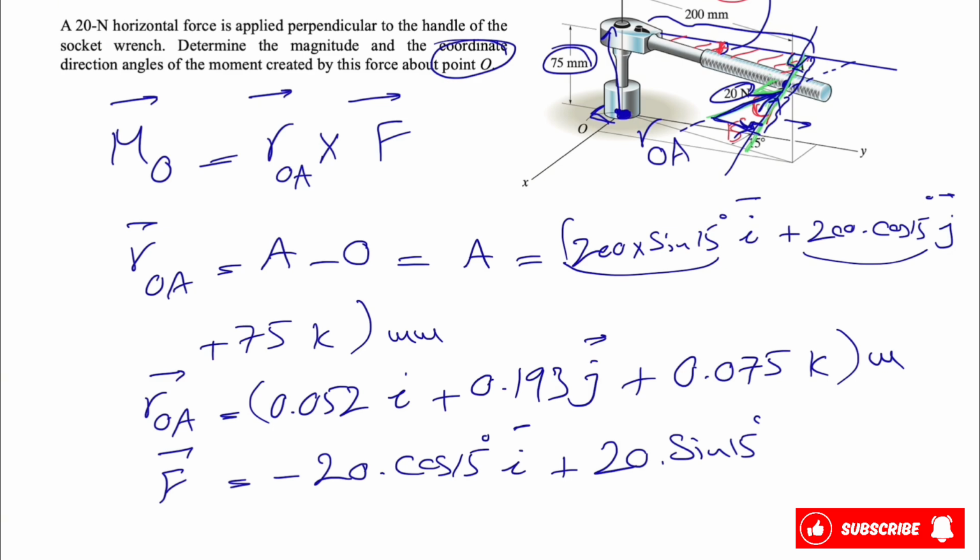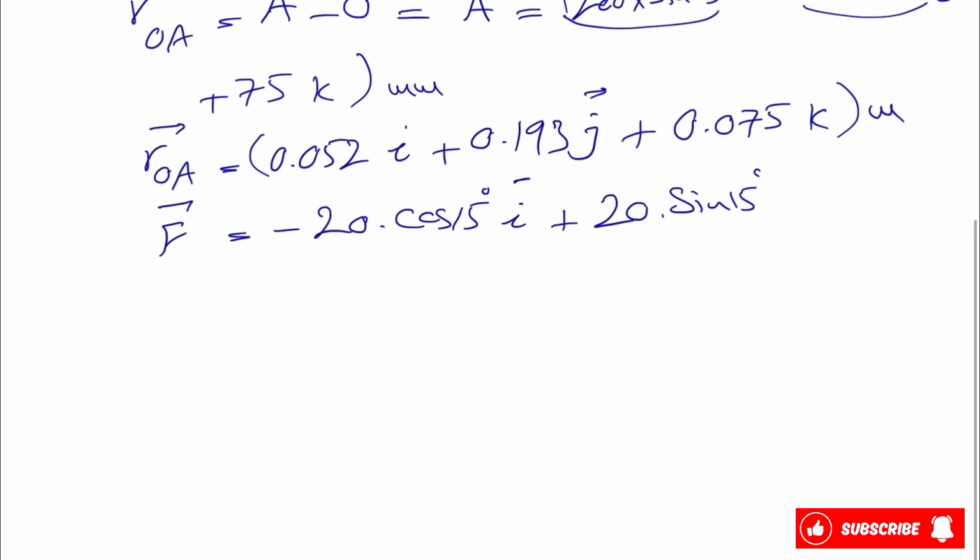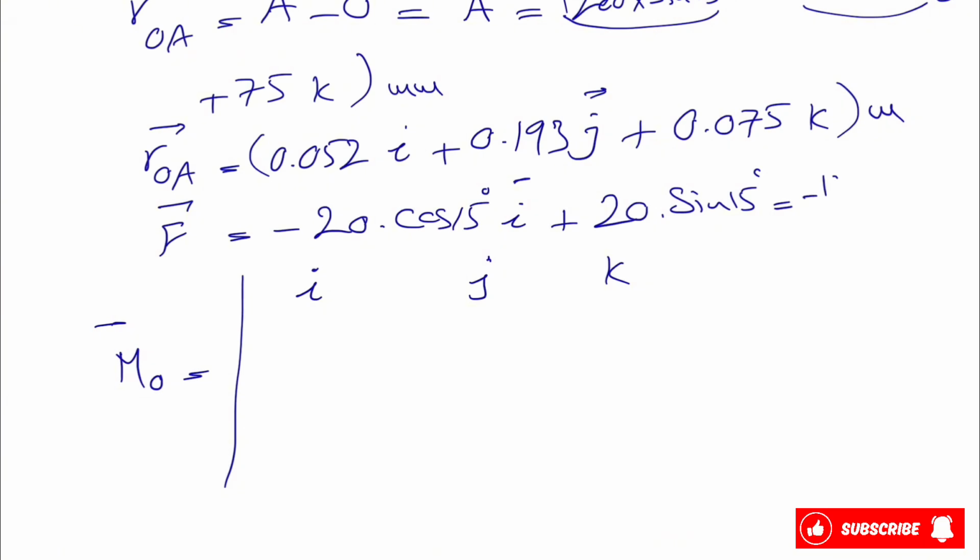The rest would be finding the determinant that we have for the moment. So we have i, j, k, and here for the force, we'll get minus 19.32 for i, and here we have 5.176 for j.